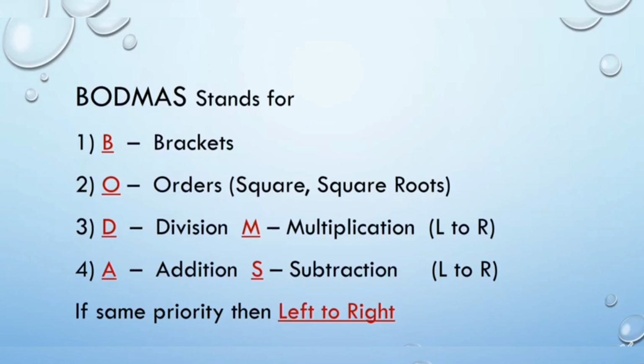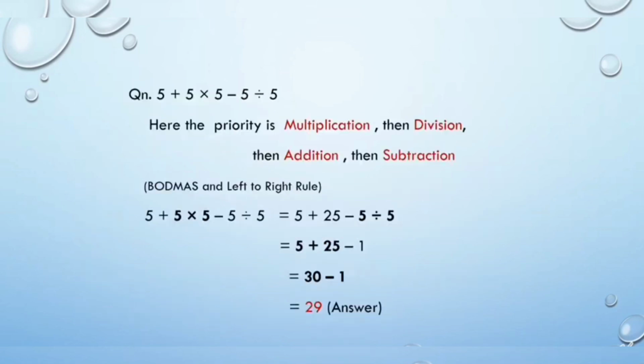So here I have explained the order of operation. If you have any doubt on this, read the BODMAS definition once again and try again. If you have any further questions, then you can comment down below.